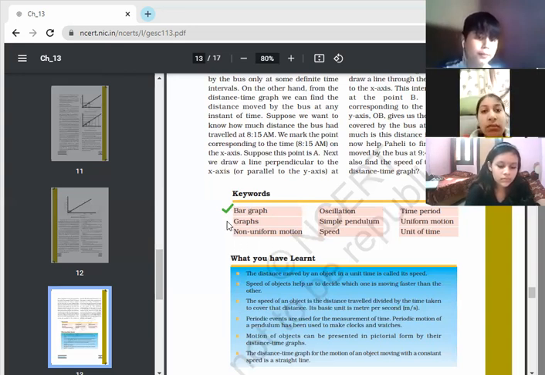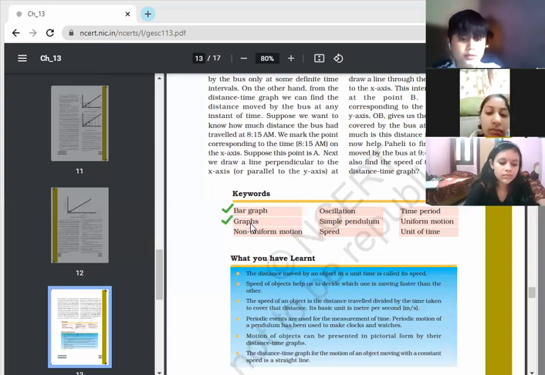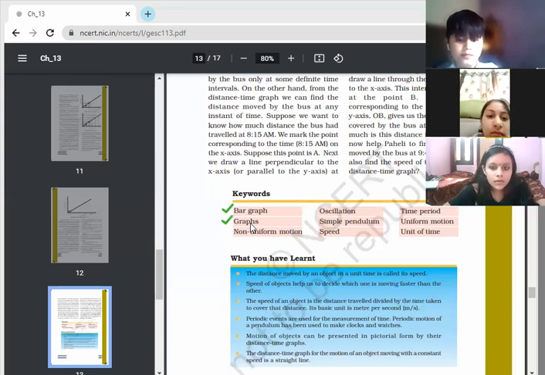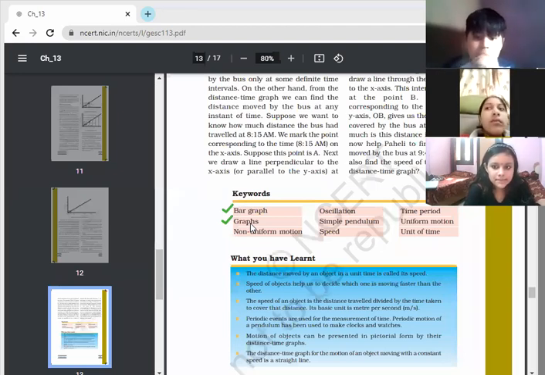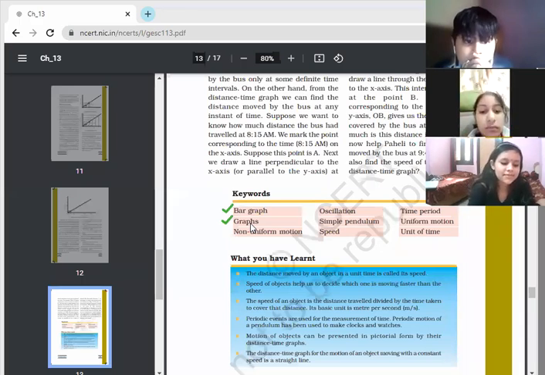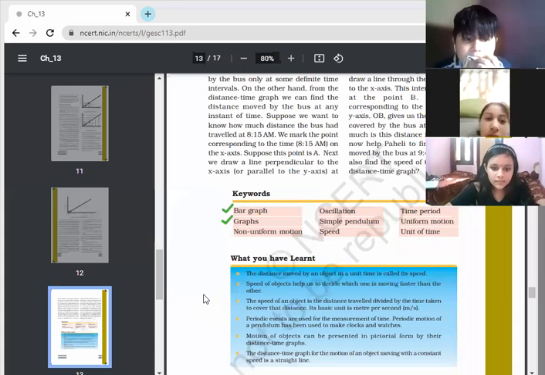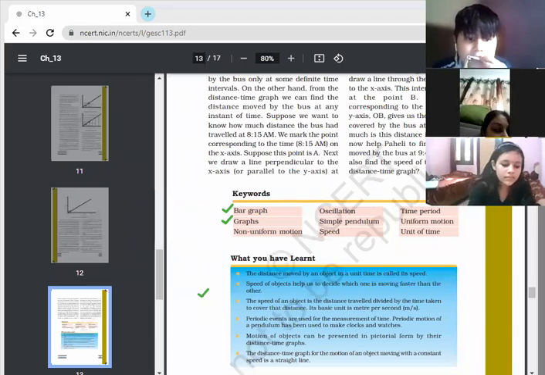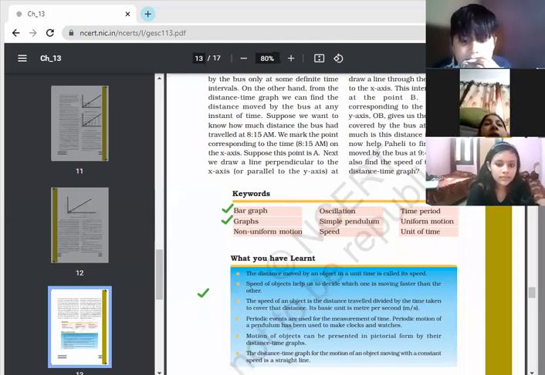Next, what are graphs? Simply, what do you mean by graphs? A graph is used to study the relation between two interdependent physical quantities. Your voice is very low, not able to hear. Speak out.